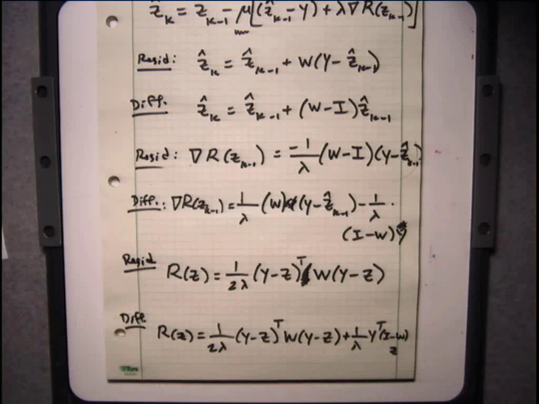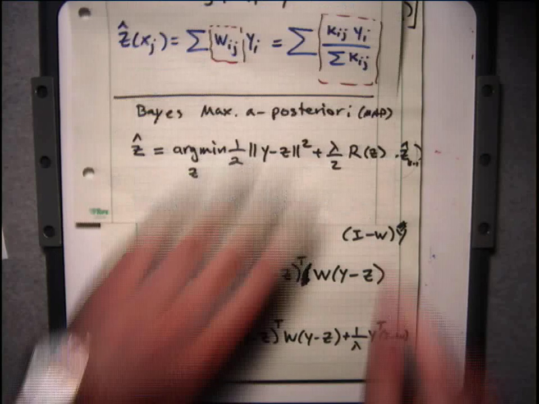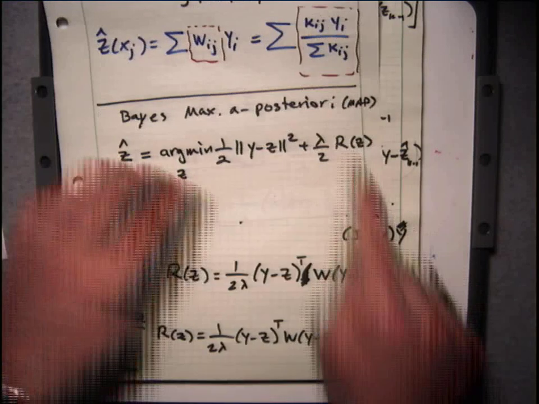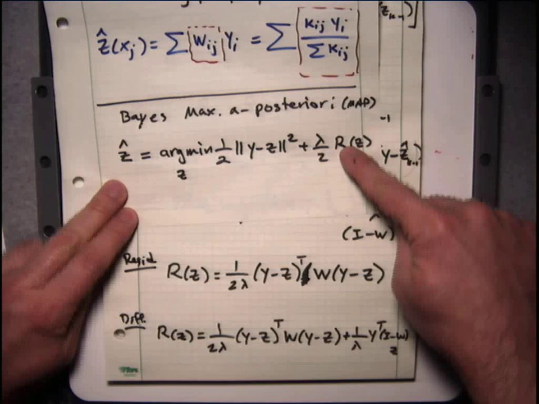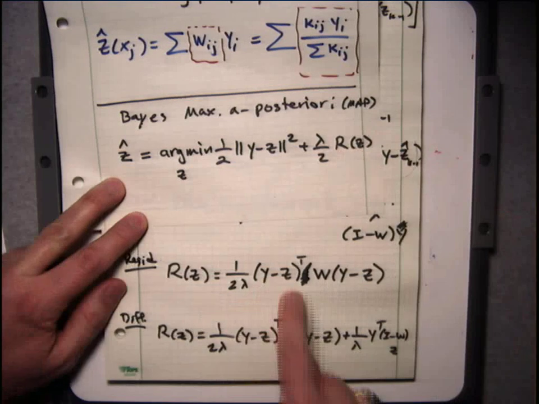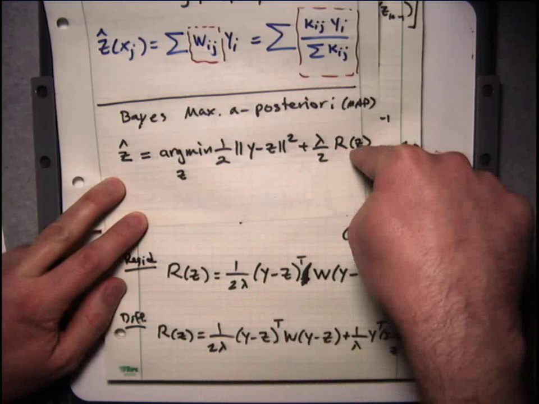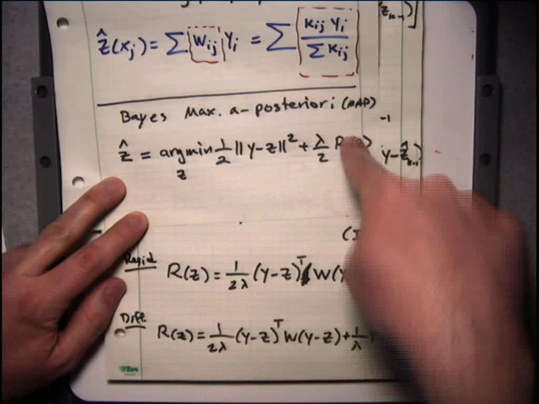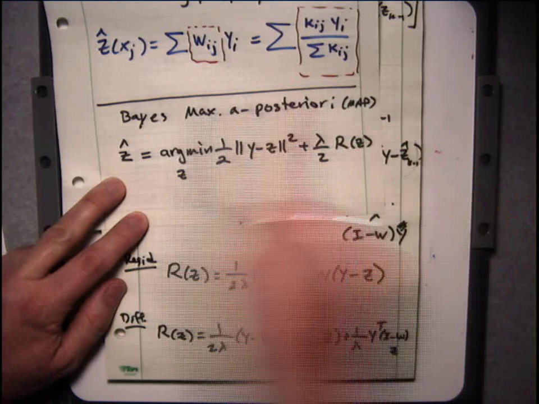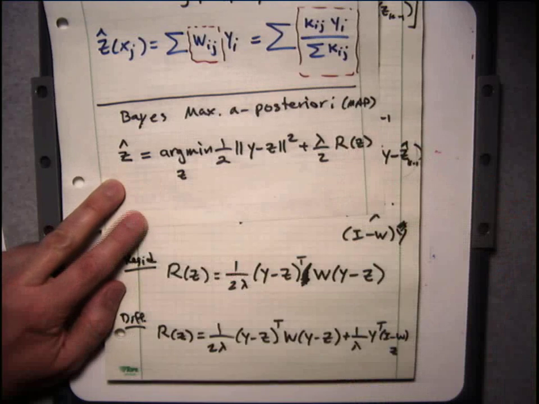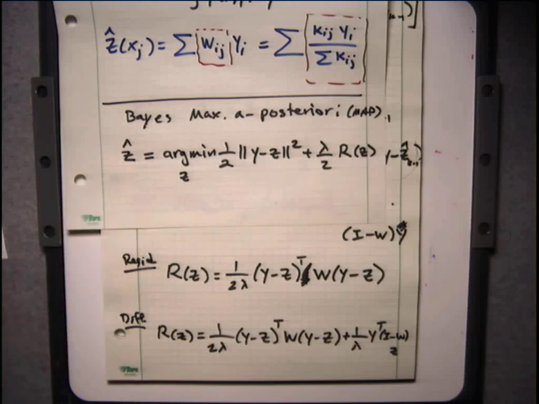This r of z is the function that the residual method would be the same as steepest descent on. If you plugged this function in and optimized it using steepest descent, you would get the same answer at every iteration as the residual iteration. And if you plugged in this other one, you would get the diffusion.